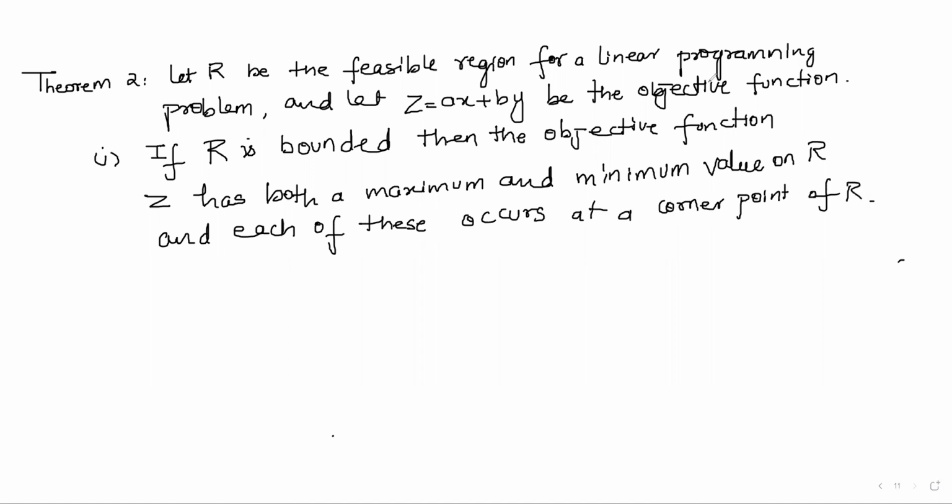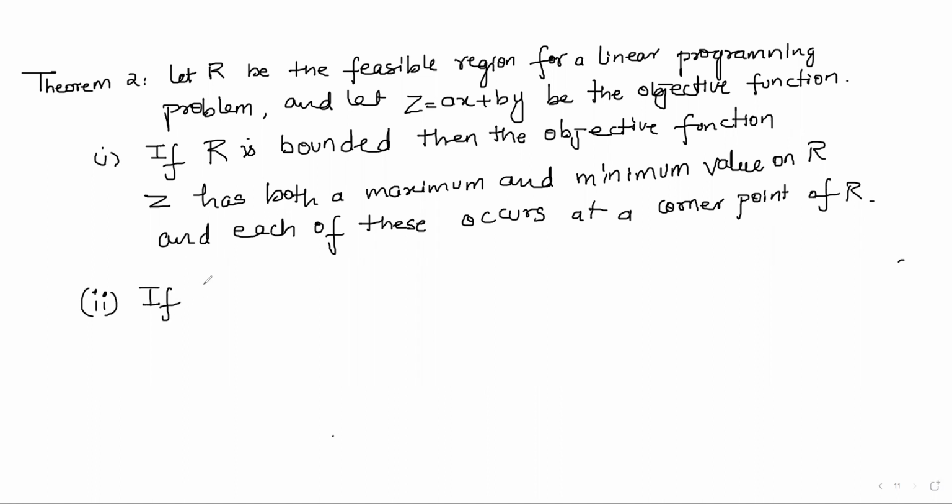If R is bounded, for example like this, this is the feasible region, then the objective function will have both maximum and minimum value. Remember this. And where the maximum and the minimum value occur, as per theorem 1, it always occurs at a corner point. Okay, next is the second point.